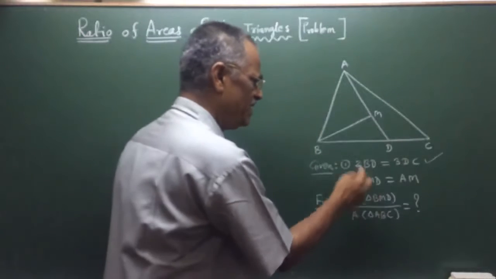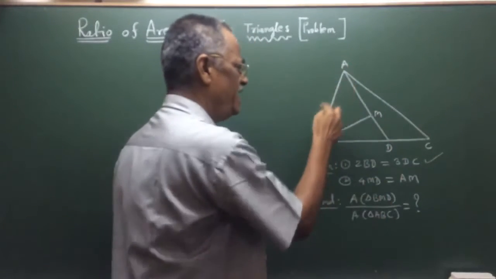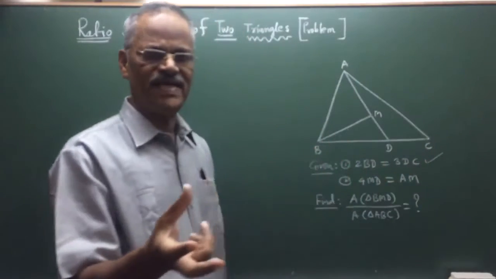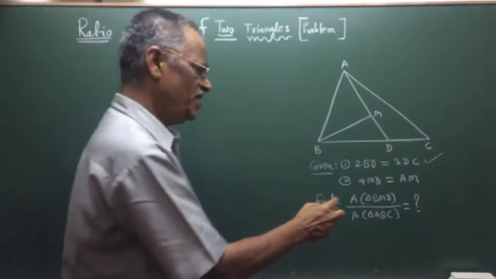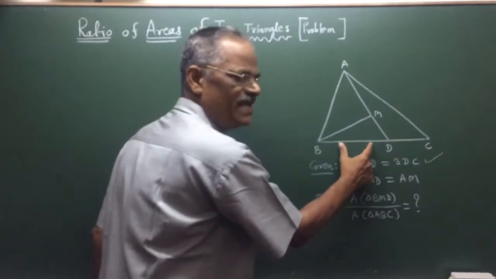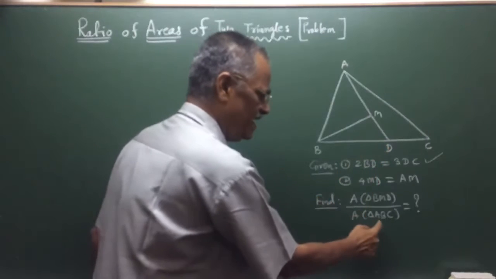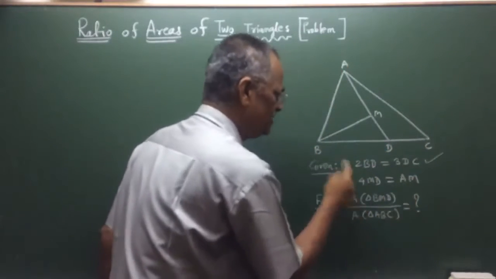But BMD and ABC are two different triangles. If you consider BMD, this is BD, and if you consider ABC, this is BC.